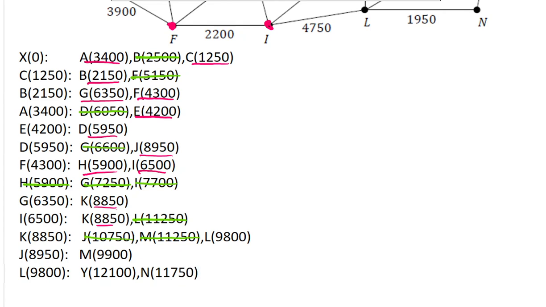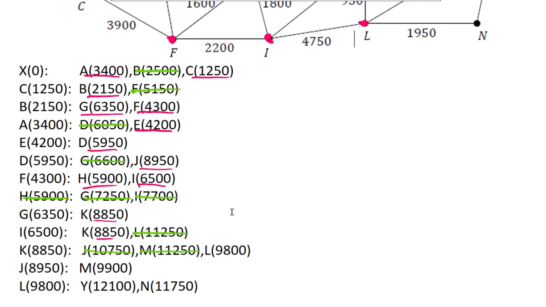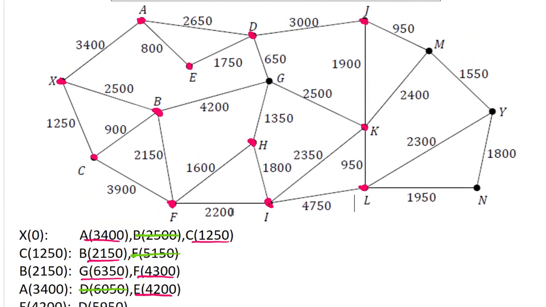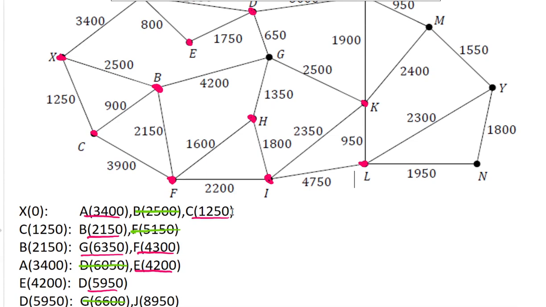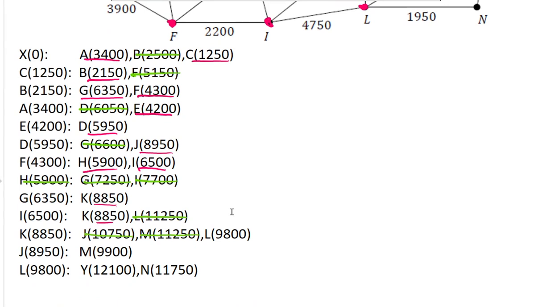Okay, and L is visited, and that's the first time we've hit Y. So we have a maximum for Y of 12100, or not a maximum, just a big value. So we know if we get anything smaller than that, we can replace it. So that's L visited.